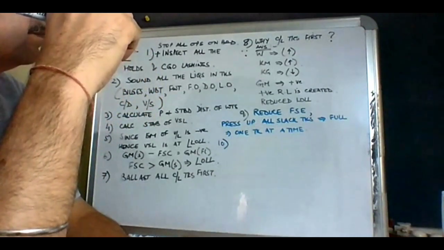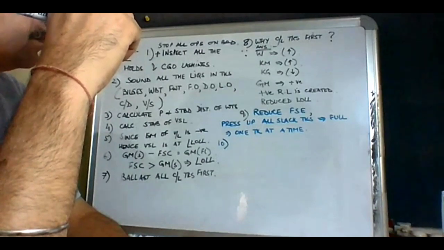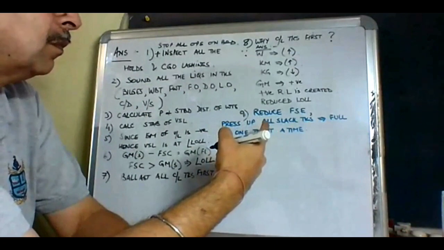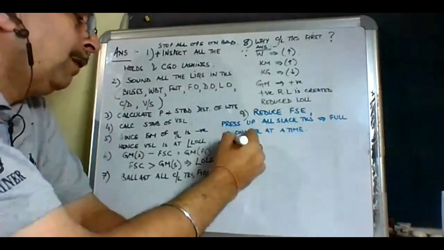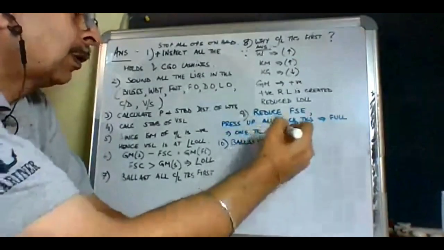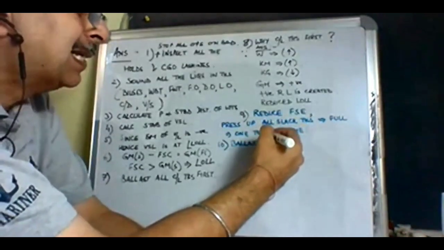Having done that, we still are at a reduced angle of loll. So now we have to start the ballasting.